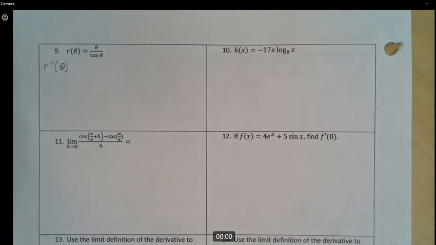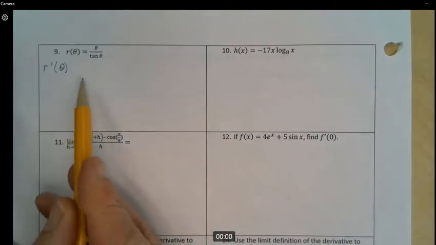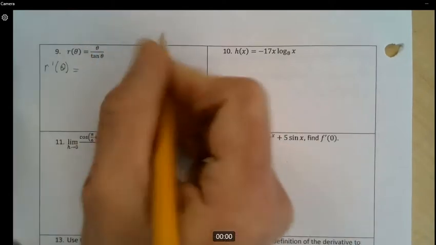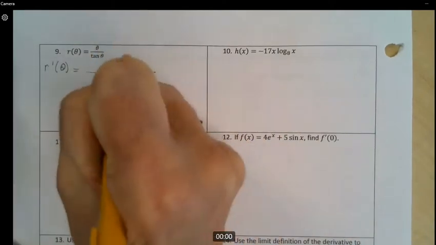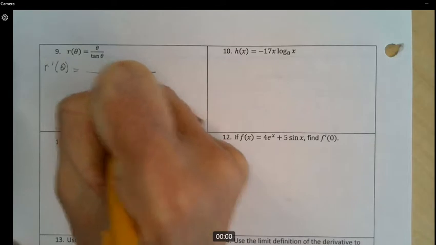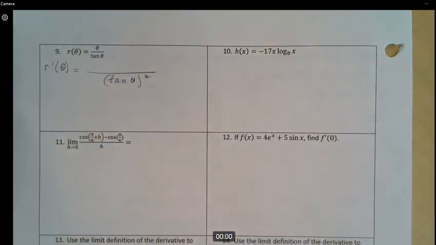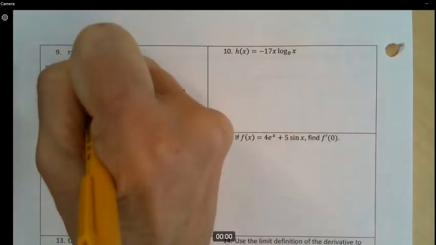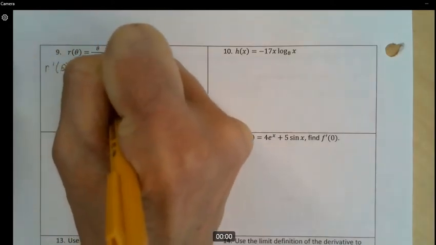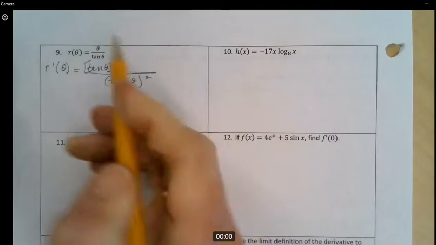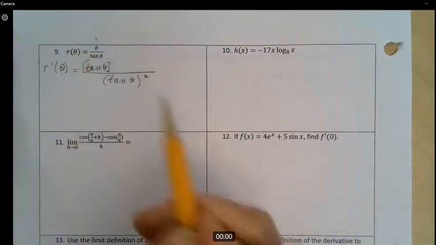Okay, so we have r prime of theta is equal to, and we can go ahead and do our tangent of theta squared. For some reason, when I do the quotient rule, low d high, high d low, the square at the bottom and away we go, I always put the square at the bottom first. Jaden, are you with us? So for some reason, that's always something I like to do first. All right, so low d high. So pretend this is an x.